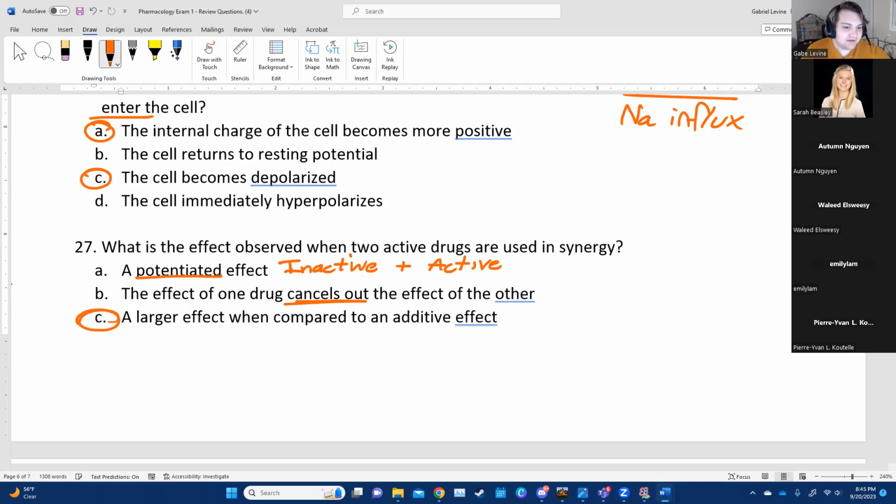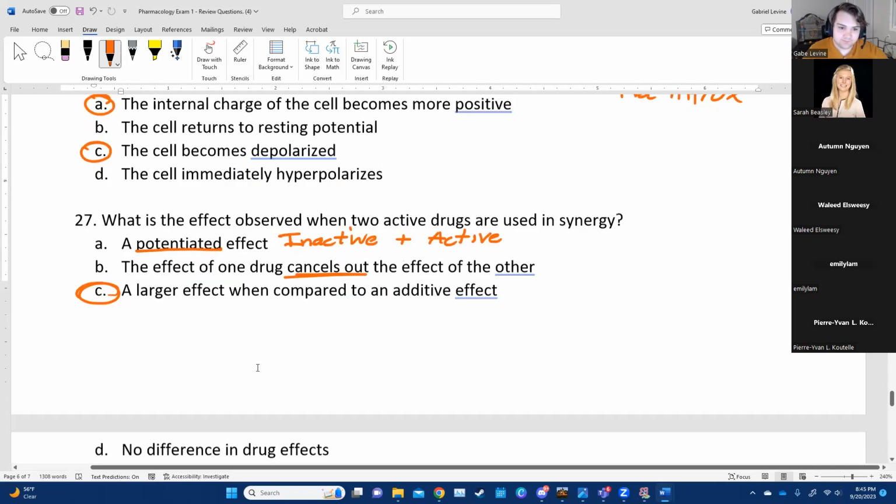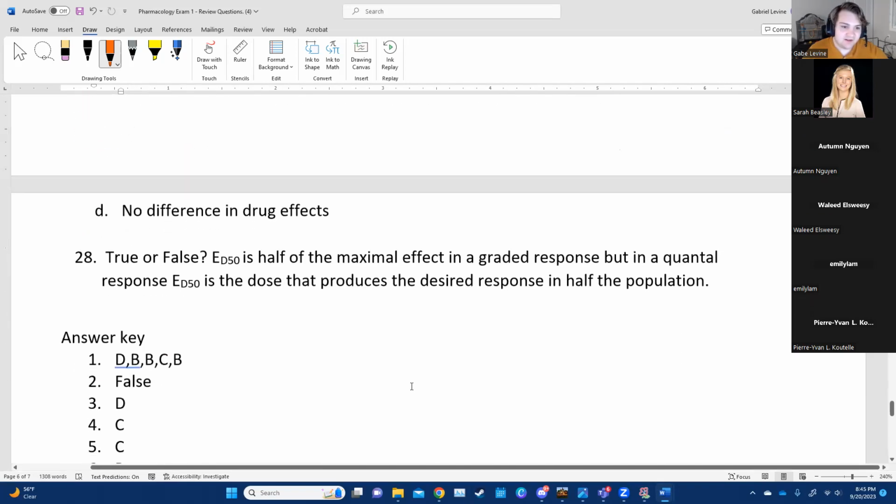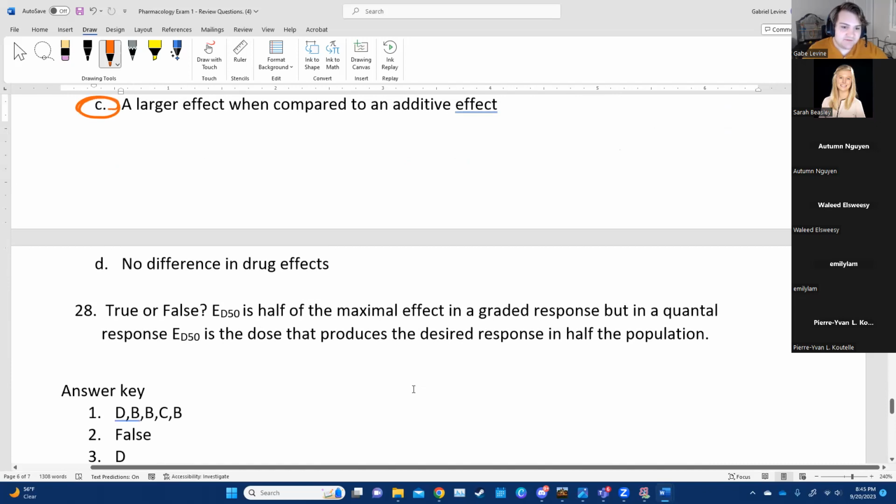So the answer here is that we have some sort of larger effect than additive. 1 + 1 equals 6,000. And then finally, true or false, ED50 is half the maximal effect in a graded response, but in a quantal response, ED50 is the dose that produces the desired response in half the population. This is true. Yes.